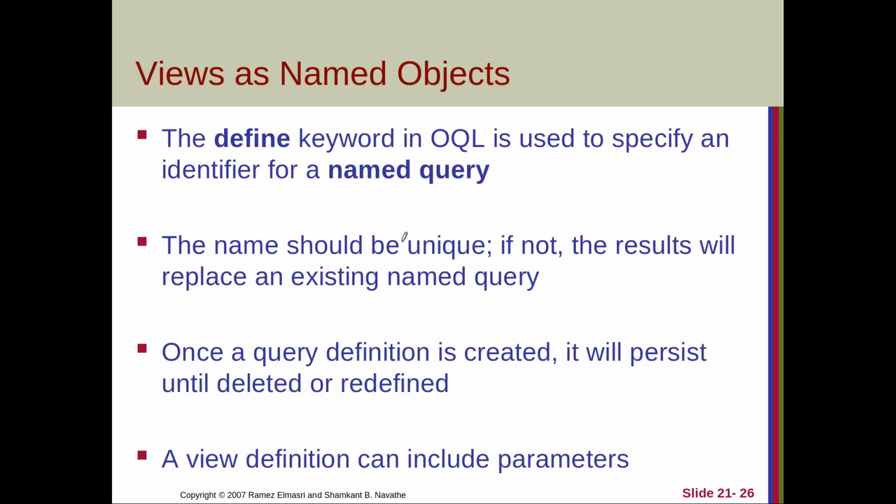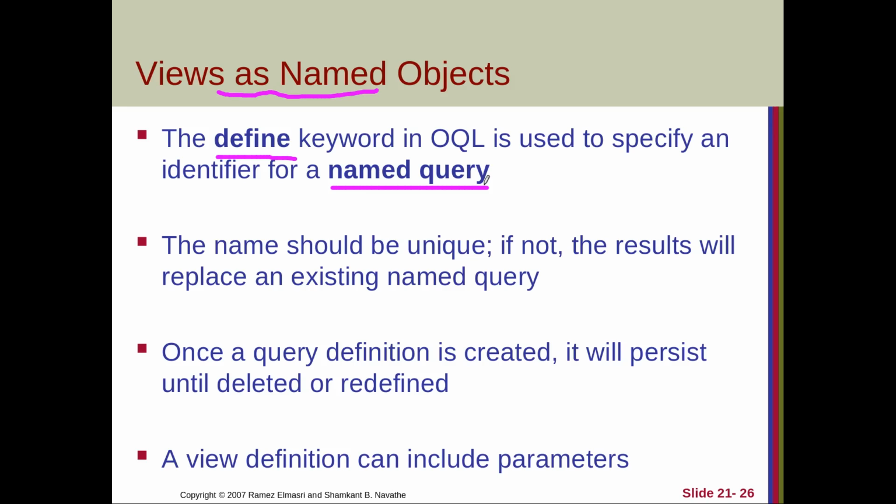Now, views as named objects. The view concept in databases can be used through the named objects concept in the OQL language. There we use the define keyword to specify an identifier for a named query.